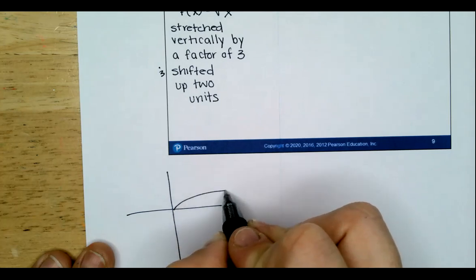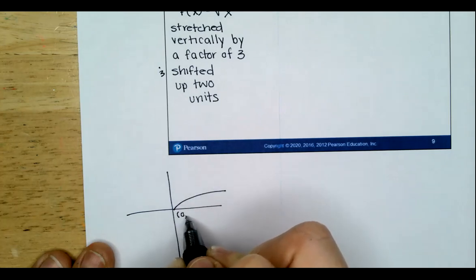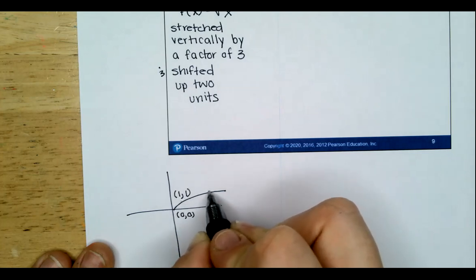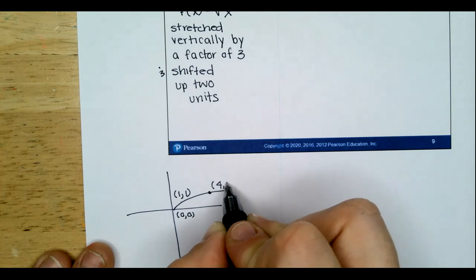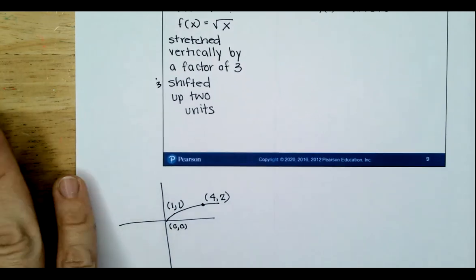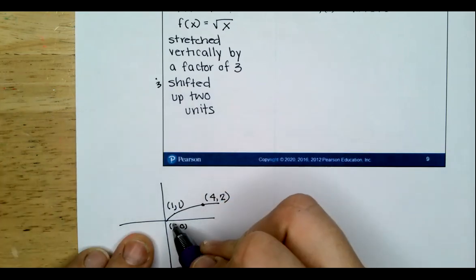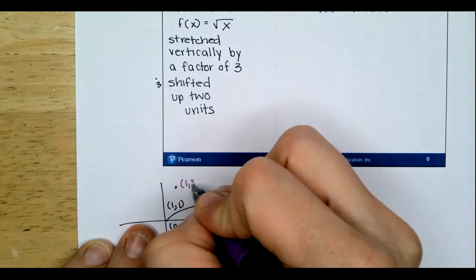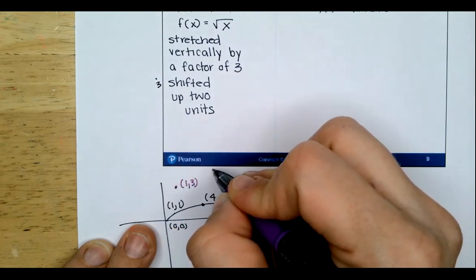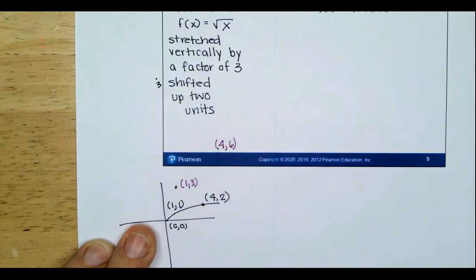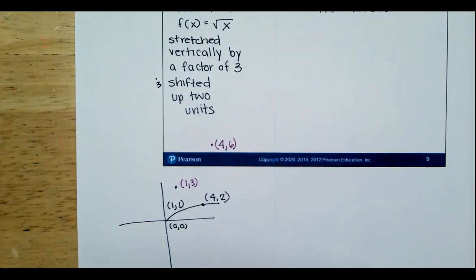So here's our original, right? We have 0, 0, 1, 1, 4, 2. Stretched vertically by a factor of 3. So that means all of those now go up 3. So that's 1, 3. And then this is 4, 6. And then shifted up 2 units. So that's again with the y.